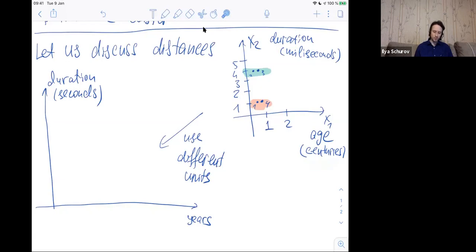But it is also possible that on this axis we have not duration but some frequency or any other thing that is measured in a completely different unit. It can be measured in kilograms, in some abstract scale from 1 to 100, anything you wish. So if I use different units, what happens with my picture?